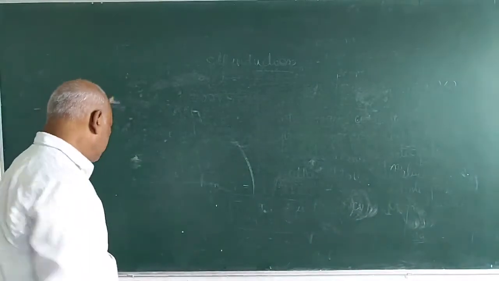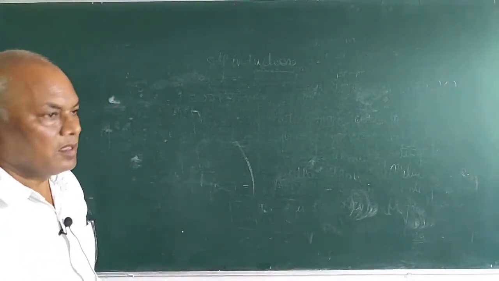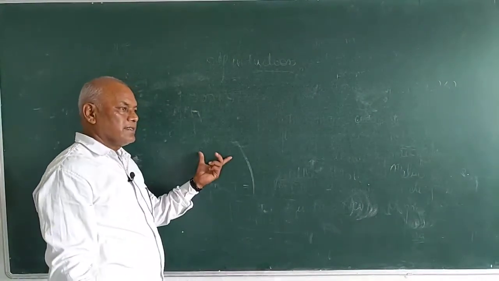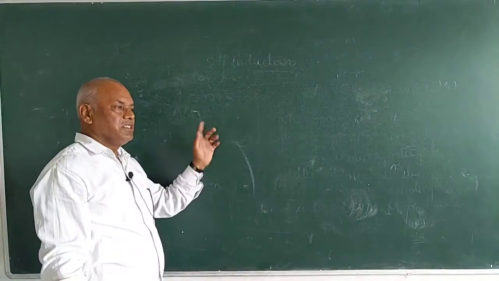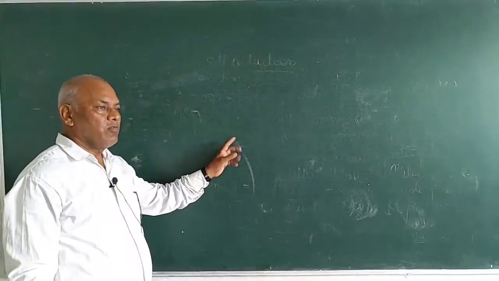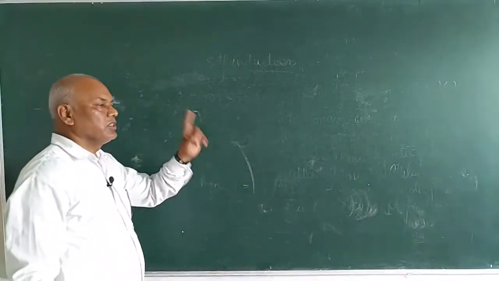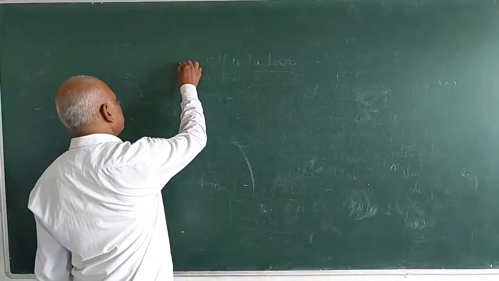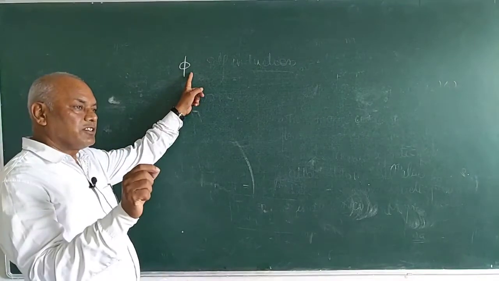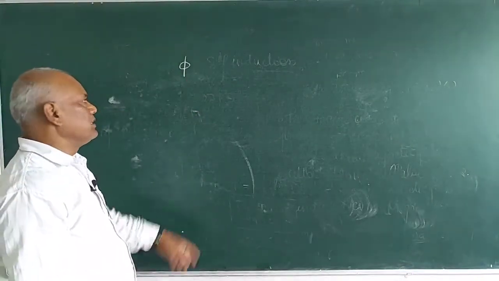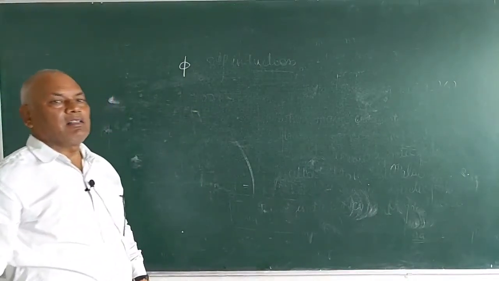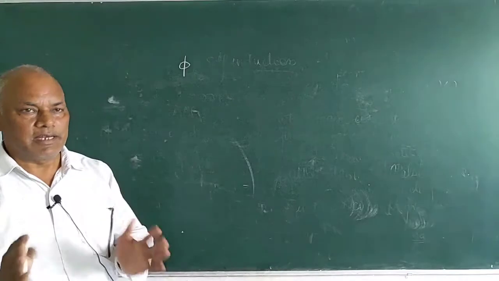Now here, since when the main current changes, then induced current is also produced in the coil which opposes the reason by which it is produced. So here, this phi is the magnetic flux attached to each turn of the coil. This magnetic flux increases or decreases depending on the increment or decrement in the main current.